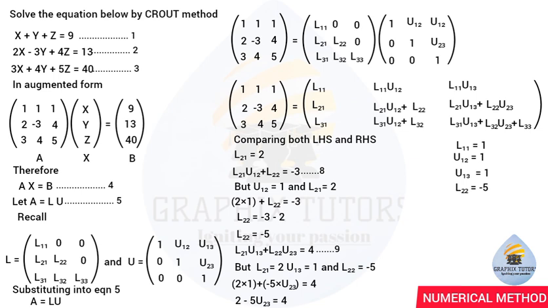So you collect like terms: minus 5 U sub 2,3 will now be equal to 4 minus 2. Dividing both sides by minus 5, U sub 2,3 will be equal to minus 2 over 5. Right? So that's for that.